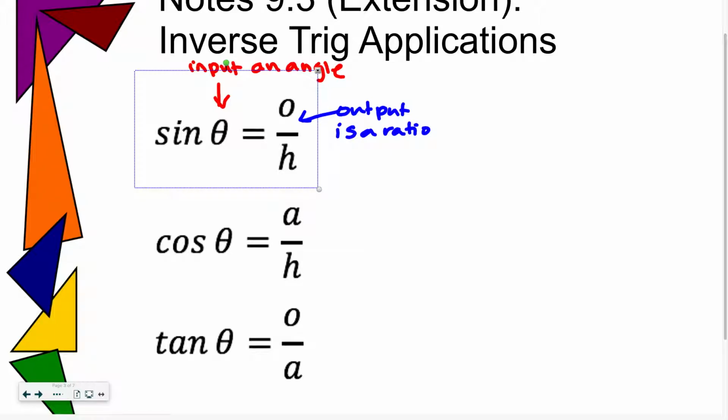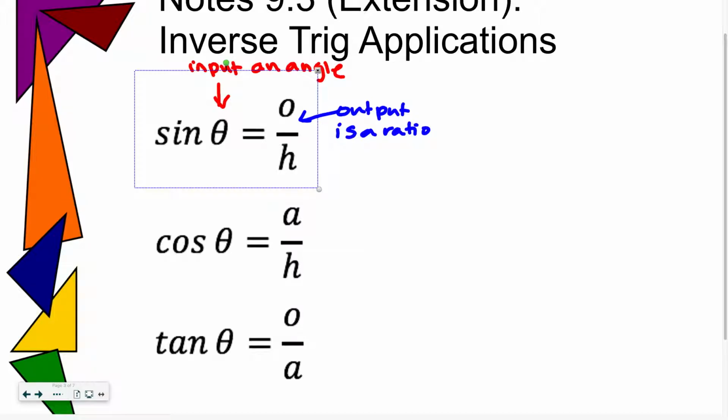If you think back, there was that time when I would give you a point on the terminal side. I would say like (3, 5) is a point on the terminal side of your triangle. Find the 6 trig ratios. You didn't really know theta. You could just draw it out, find the missing side, label opposite, adjacent, hypotenuse, or y, x, r, and do your ratios.